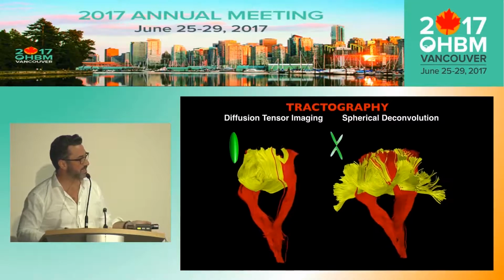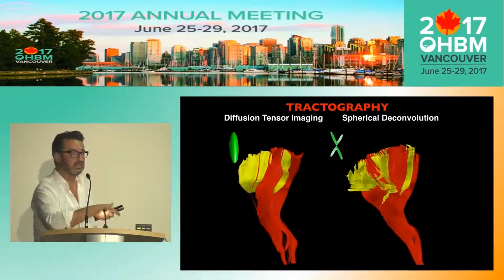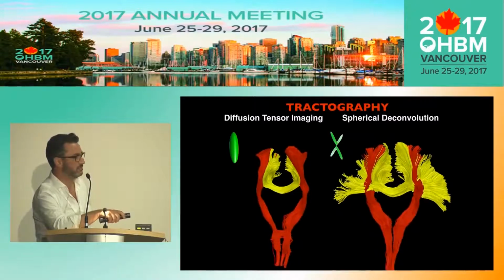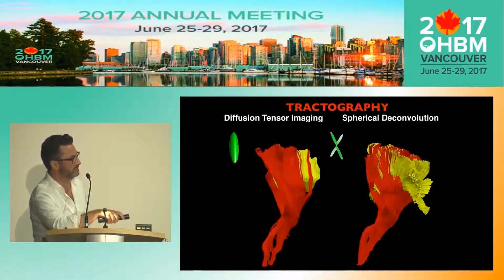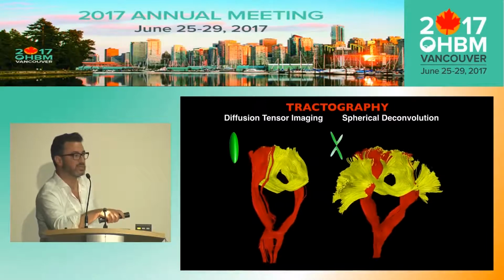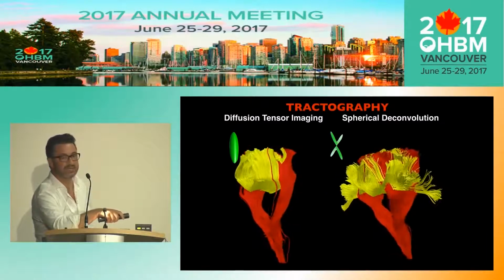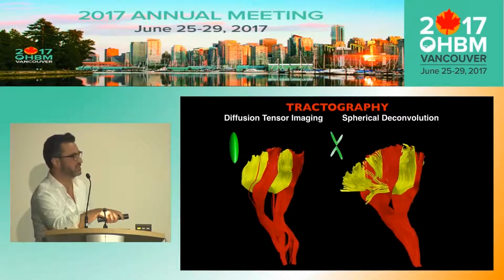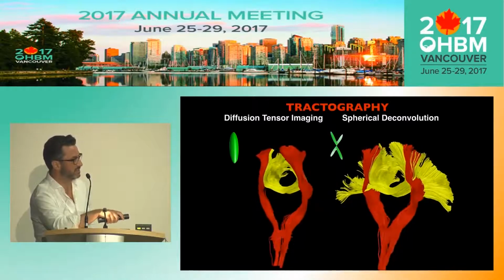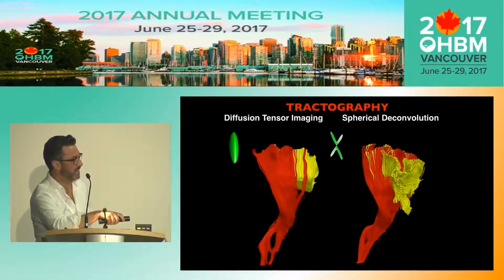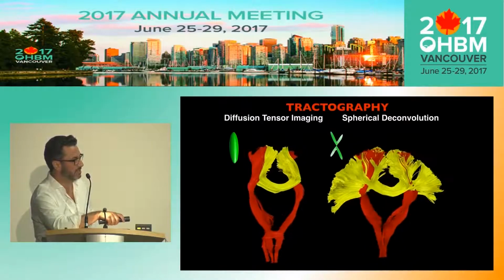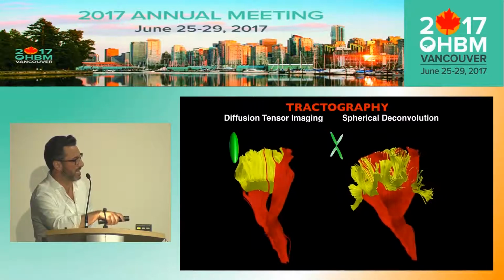Now, the other problem that we always have is that the diffusion tensor model that we use to track creates a lot of false negatives, and doesn't allow you to see the entire anatomy. So it gave us these false impressions that the corpus callosum stops in the middle of the brain, when actually the corpus callosum projects laterally.